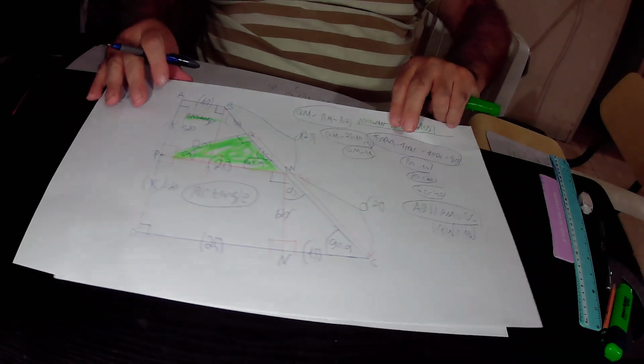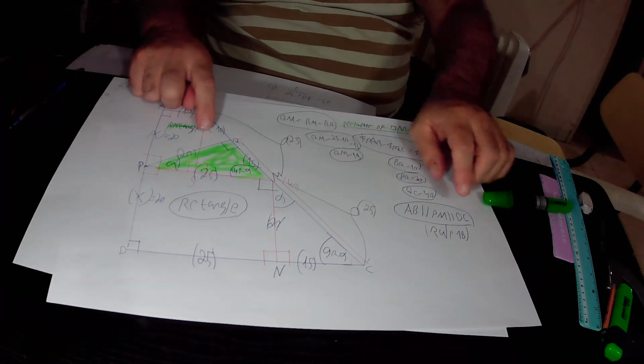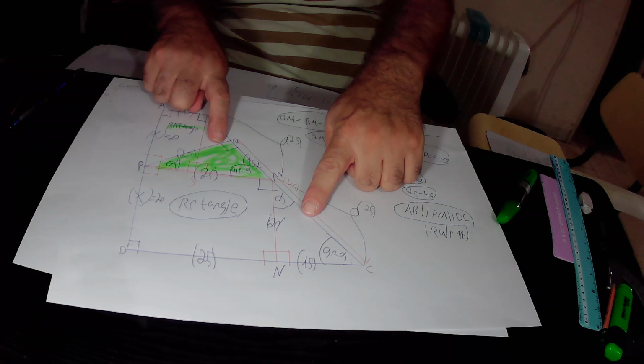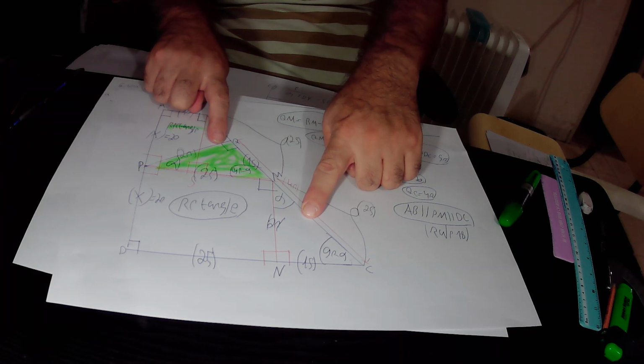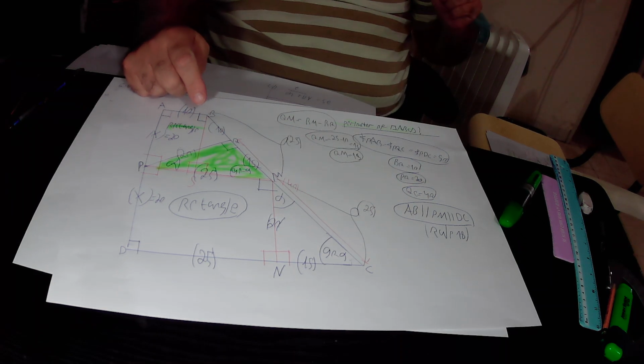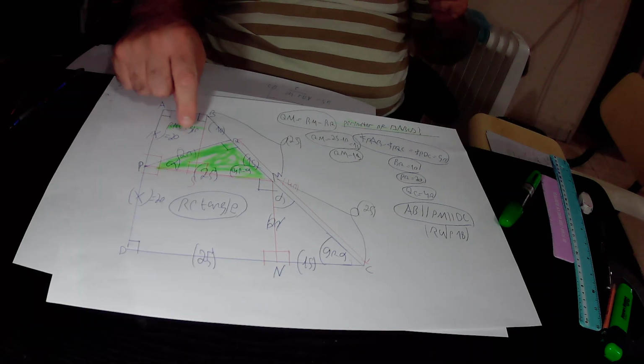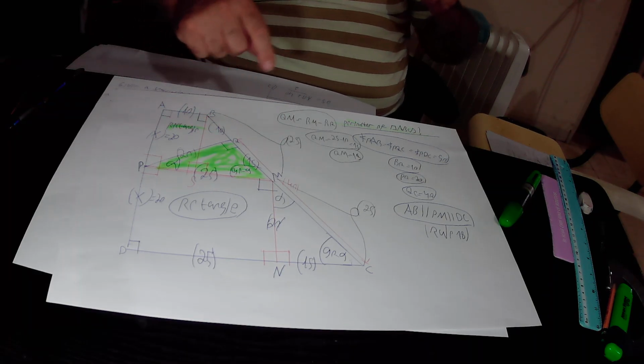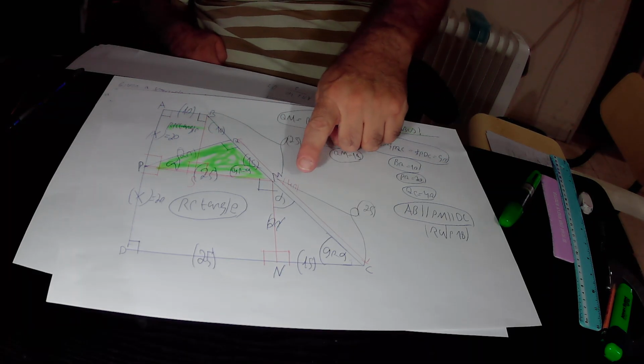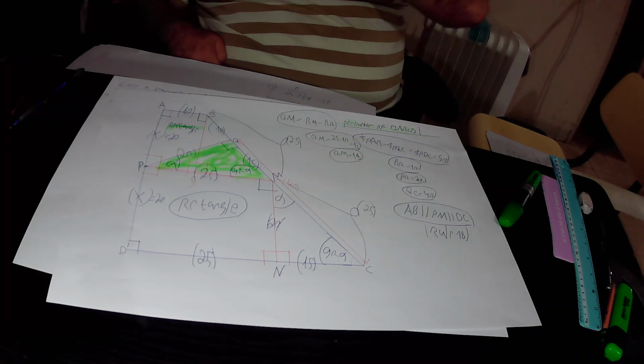It is very easy to see that those two right triangles can go into each other according to the angle-side-angle rule. That is to say, the upper right triangle BSM can go into the lower right triangle MNC according to the angle-side-angle rule.